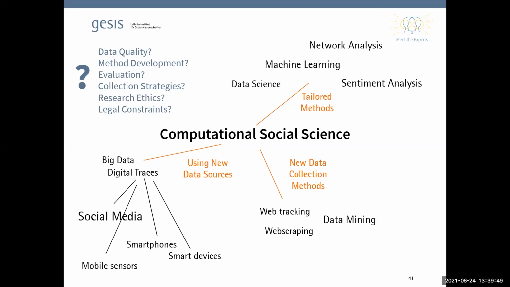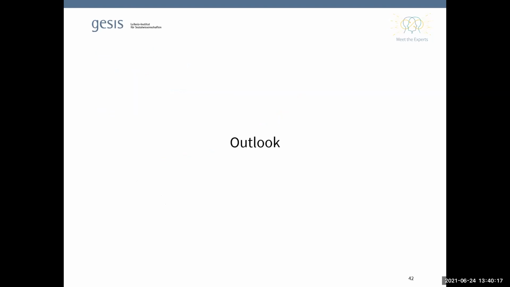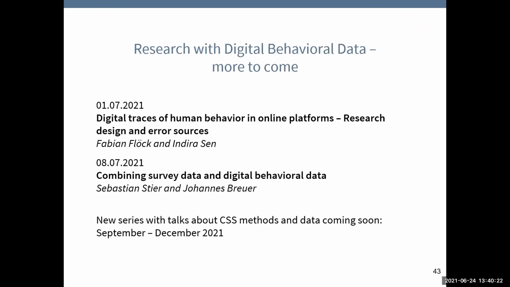Questions about how to evaluate new methods, for example, questions about what's the best strategy to collect data sets for these kinds of purposes. Lots and lots of ethical questions that some of you might have already imagined while I showed the example cases, or, as a kind of sister term, legal constraints in accessing the different kinds of data from these platforms.